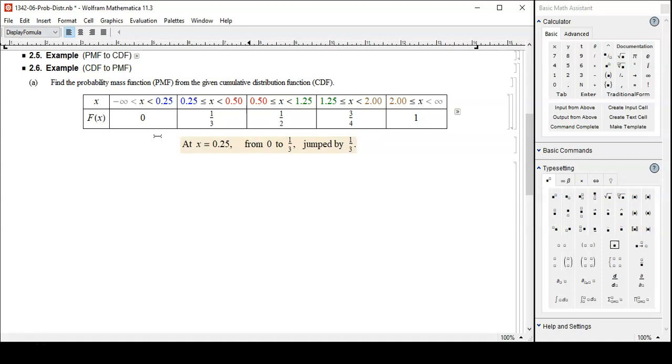That's the first observation. Next observation, at x equal to 0.5, from 1/3 to 1/2, jumped by how much? 1/6.